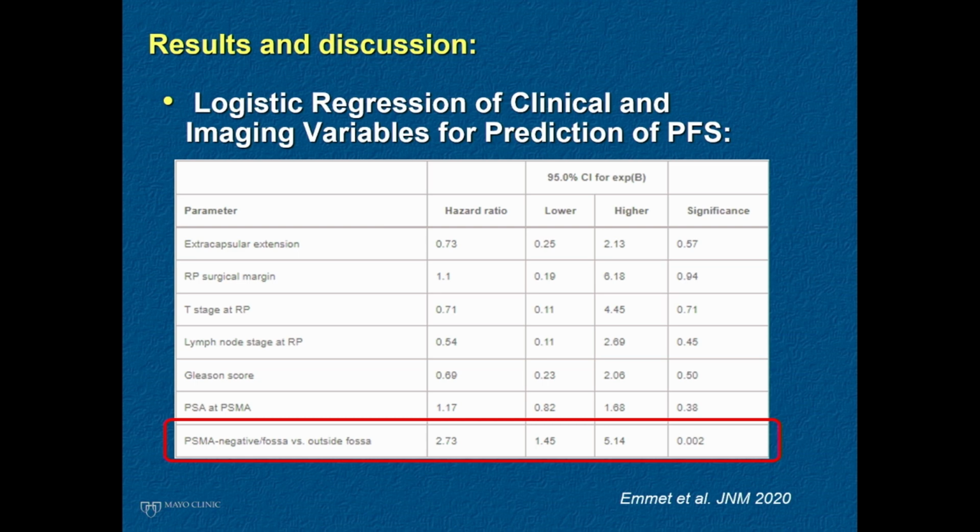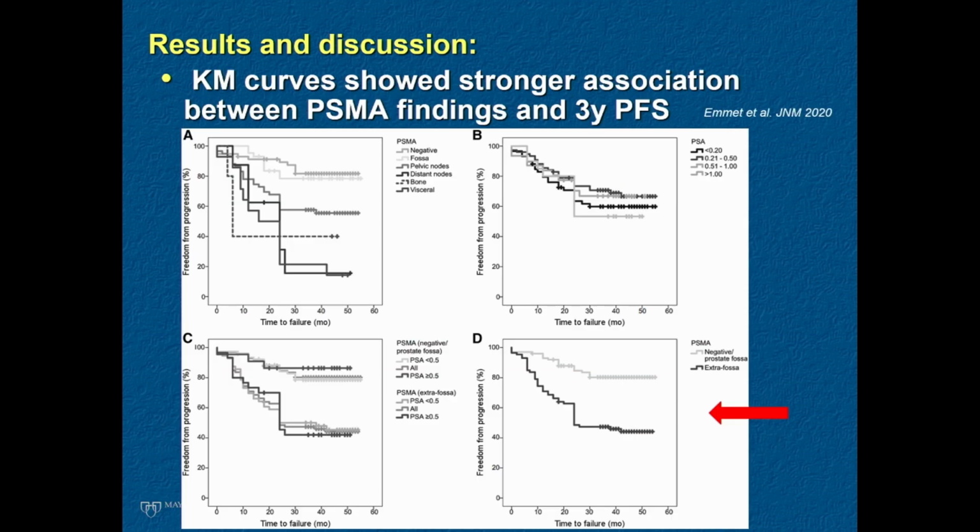Again, underlying the value of perhaps getting a PET scan prior to initiation of salvage radiation therapy. And here you can just see this survival curve and freedom from progression, again, if they had a negative PSMA scan or showing fossa disease only versus outside the fossa.